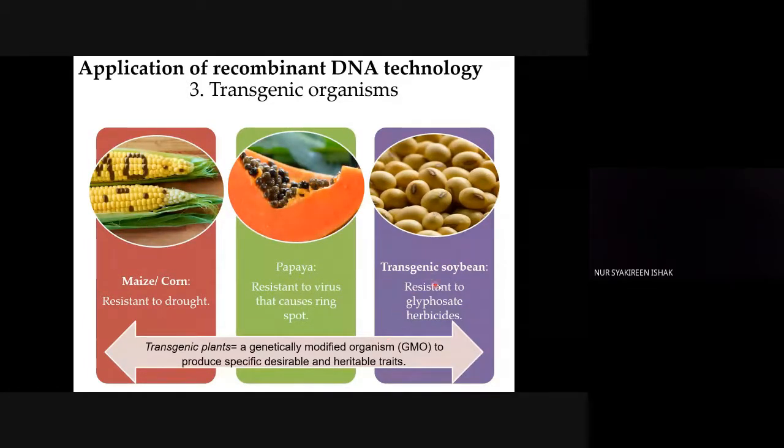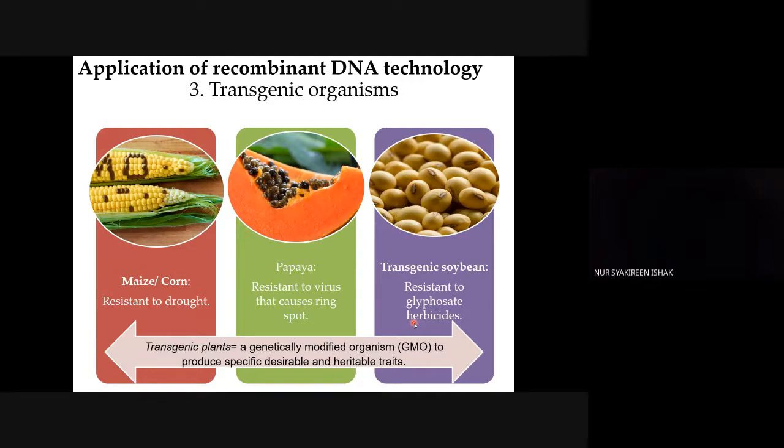Okay. So and then transgenic soybean resistant to glyphosate herbicides. Soybean ni dia adalah sejenis pokok yang herbaceous kan. So bila awak tanam pokok soybean ni akan ada rumpai-rumpai juga yang biasalah bila awak tanam pokok akan ada rumpai yang awak tak nak, sebab rumpai-rumpai ni dia akan jadi sebagai pesaing lah untuk pokok ni dapatkan dia punya nutrients.